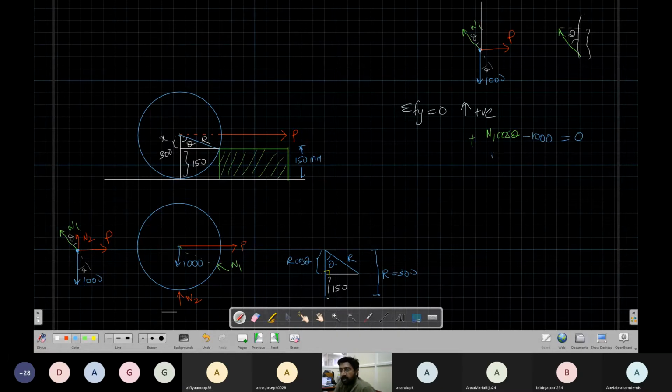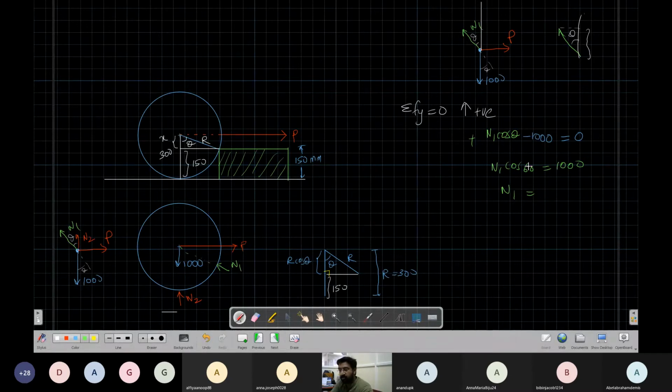Theta is 60 degrees, so N1 cos 60 equals 1000.